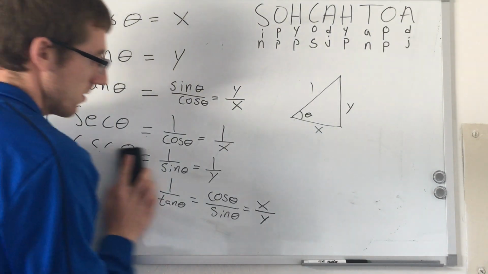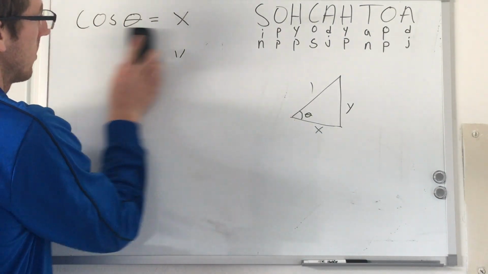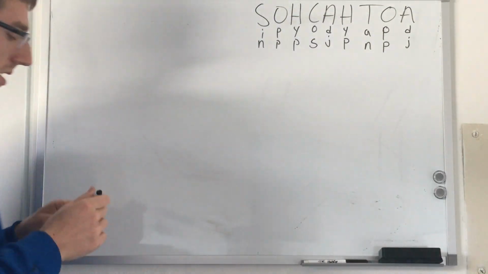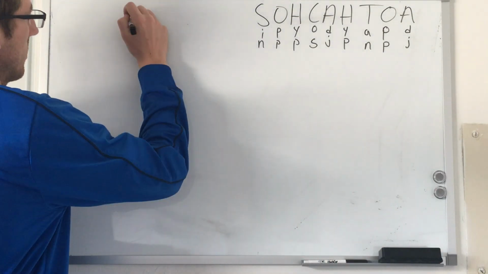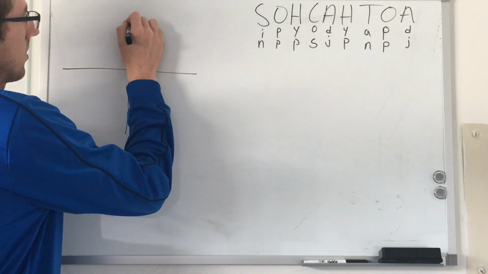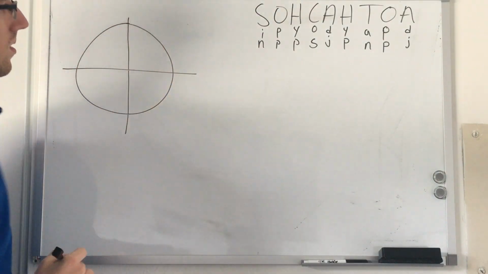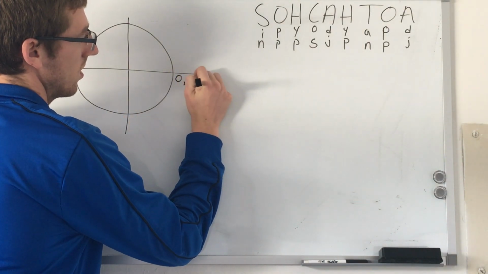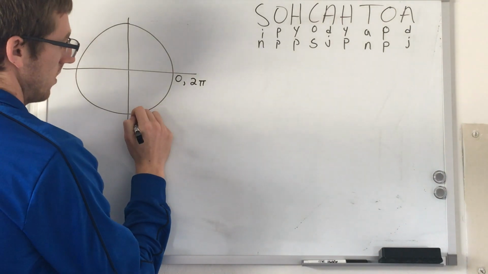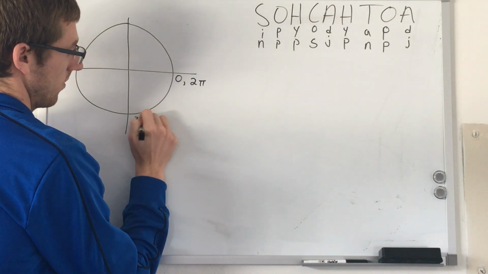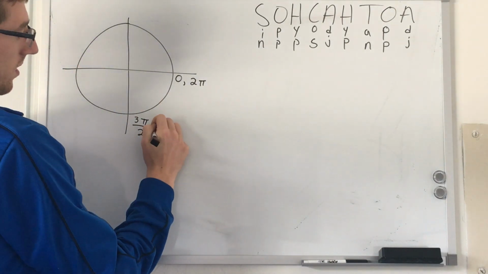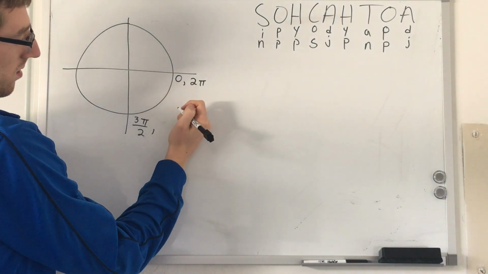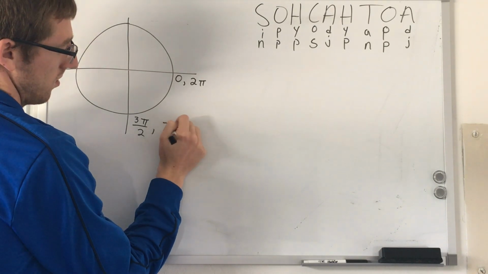So in our unit circle, for example, if I'm here, we'll do some easy ones. So remember, this is 0 or 2 pi. This is 3 pi over 2, or the next one you would get is 7 pi over 2.